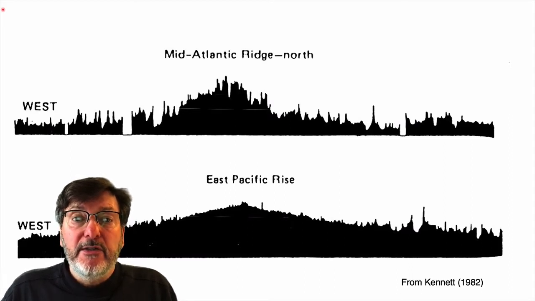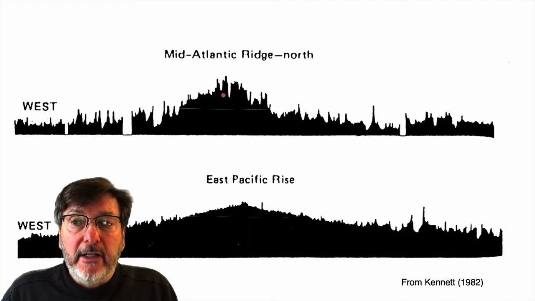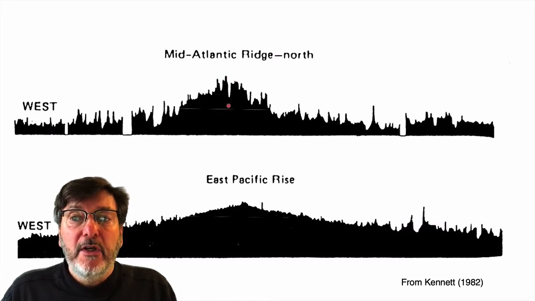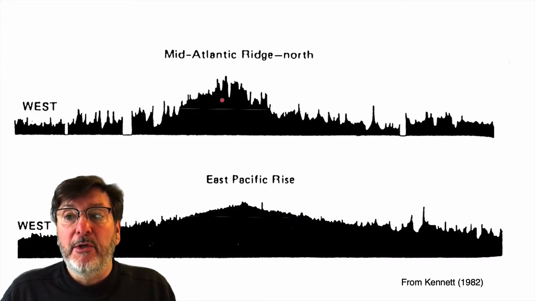It showed in the case of the Atlantic that there's this interesting valley in the center of the mid-ocean ridge, and we know that today as the axial valley of the mid-ocean ridge.